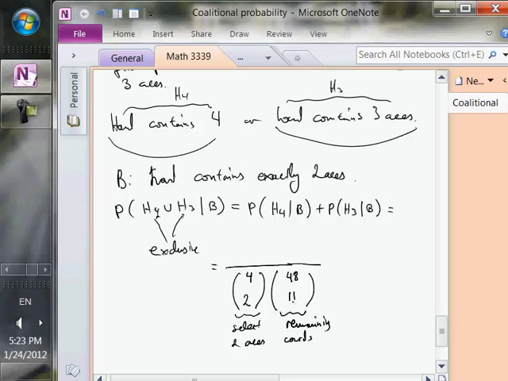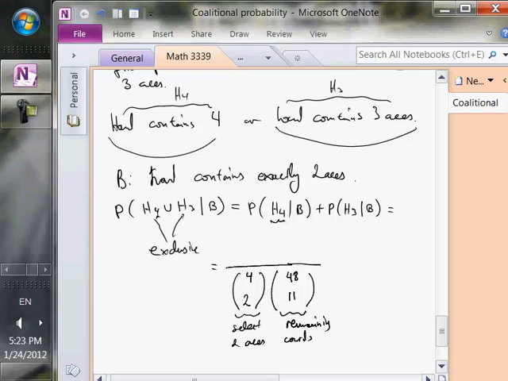Now, what is the way that the hand contains exactly 4 aces? 4 aces. That's event H4. Now you are calculating the number of the favorable ways this event can occur. So the 4 aces are all inside the deck of cards, which has 13 cards.